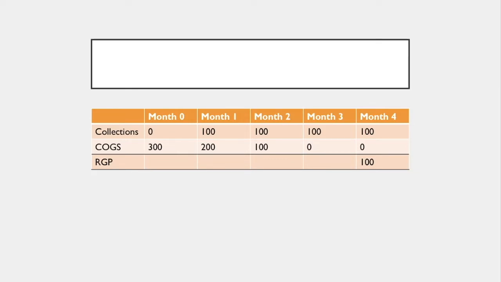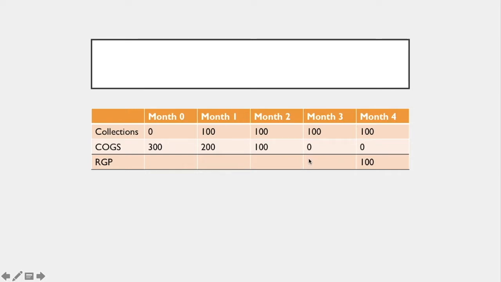So, for example, at month 0, there's no payment yet, but you have a cost of 300. At month 1, there's collection of 100. It's applied to the cost, so the remaining cost is 200. But again, there's no realized gross profit yet because the cost of goods sold has not been recovered in full. At month 2, another 100, so the remaining cost to be recovered is 100. At month 3, you have now fully recovered the cost.